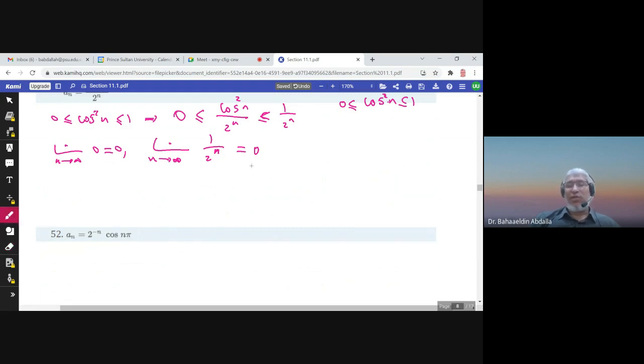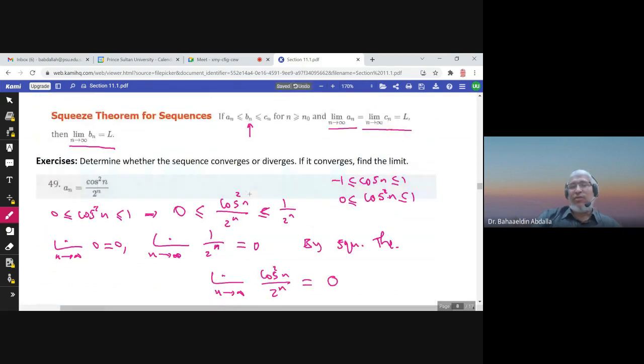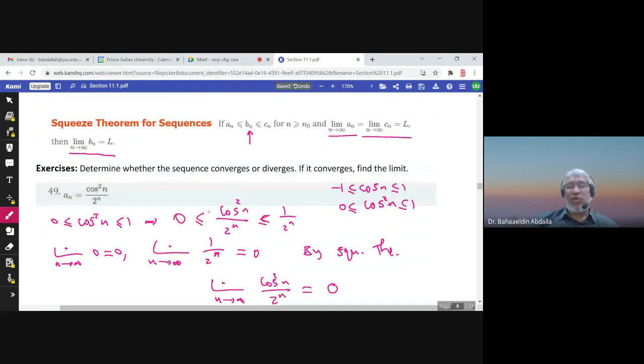So by the squeeze theorem, the limit of cosine square n over 2 to the power n when n goes to infinity is also equal to 0. And this is what the squeeze theorem says.